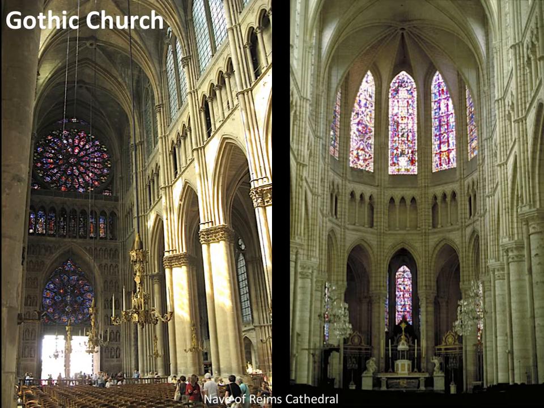And these are two views in the nave. On the left-hand side, you're looking back toward the main portal, and you can see that beautiful rose window up over that central portal. And on the right-hand image here, we're looking directly into the apse, so that curved end of the apse with the main altar down below.